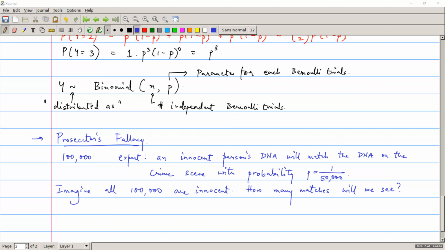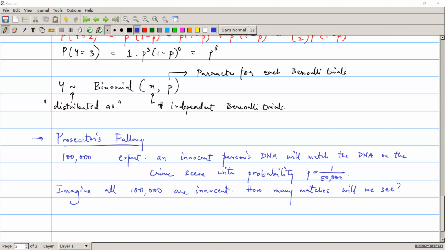No, right? Some towns may have more purely by accident, some towns may have fewer. Right, but what is the maximum number of matches? We're not concerned about whether it is likely or not. Okay, but what's the maximum number of matches possible? Right, so this is a very important point, that's very good.